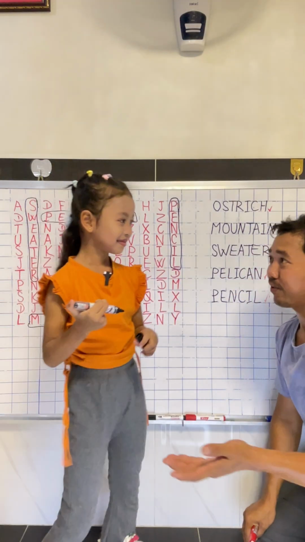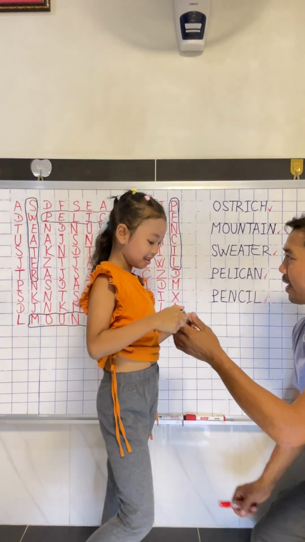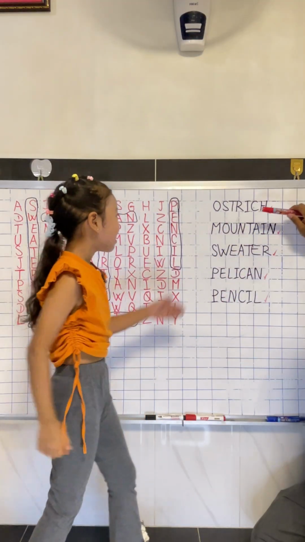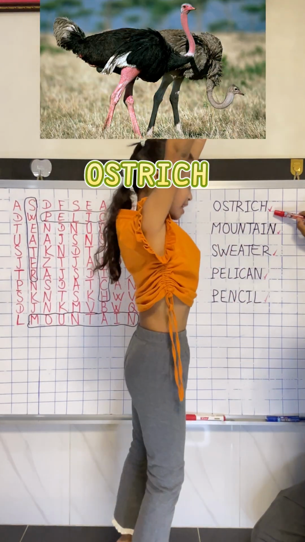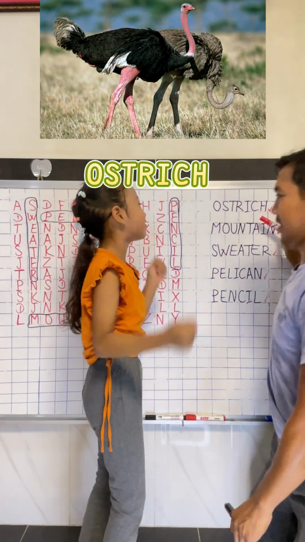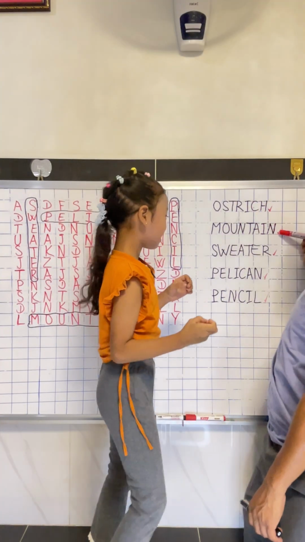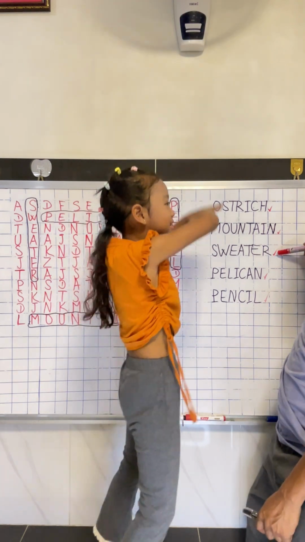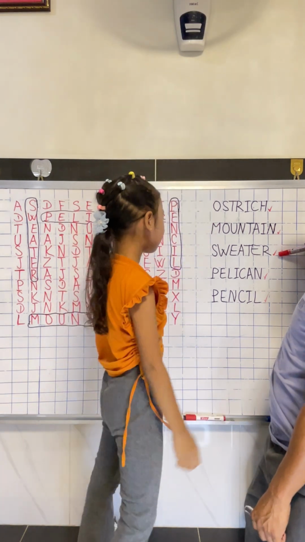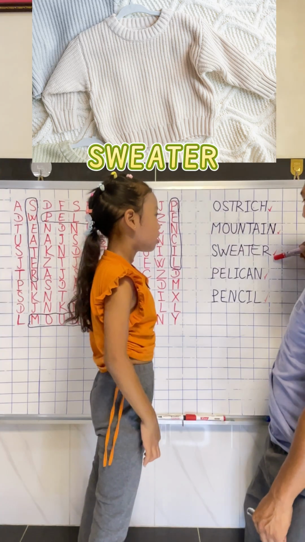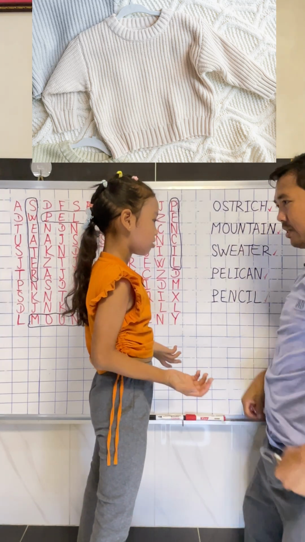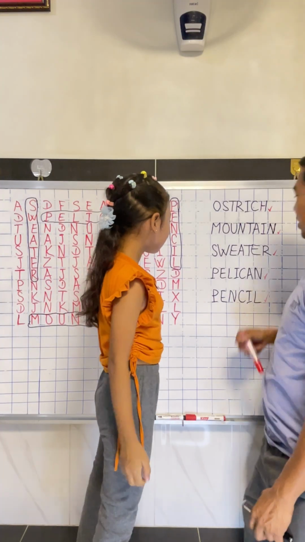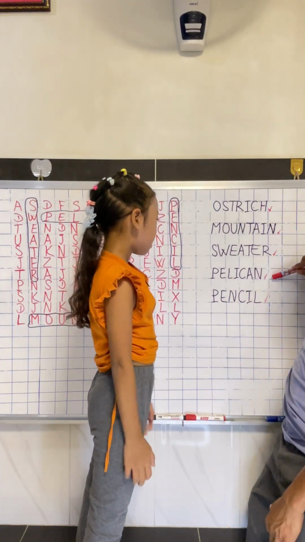Okay, so now the 5 words you and me already played in the puzzle. Now let's read again. Ostrich. The big animal. They love to eat vegetables like cucumber. Mountain. We see it at the beach. Sweater is for wearing when you are cold, like a jacket, but not the same.